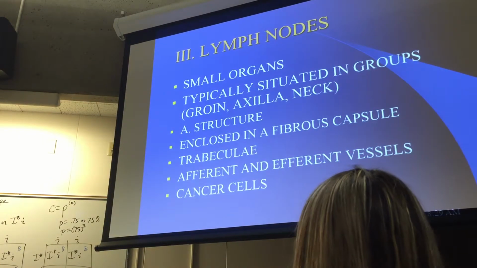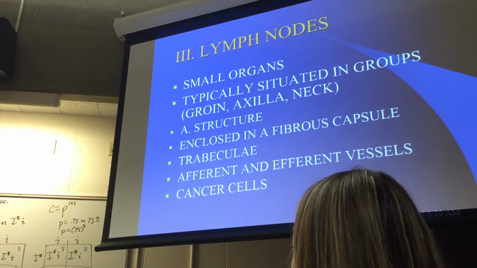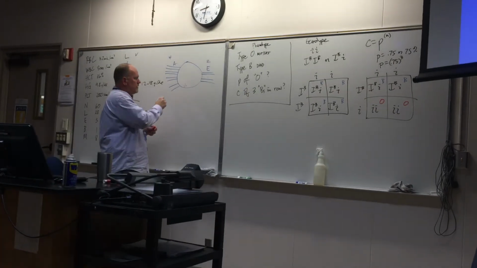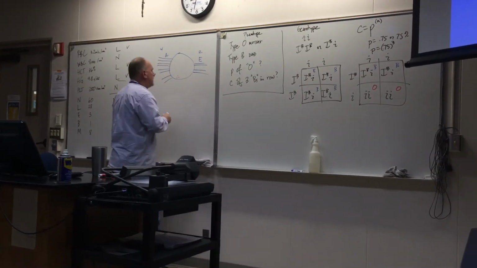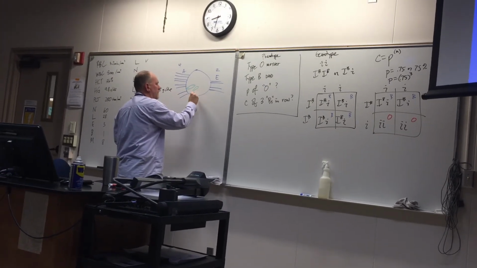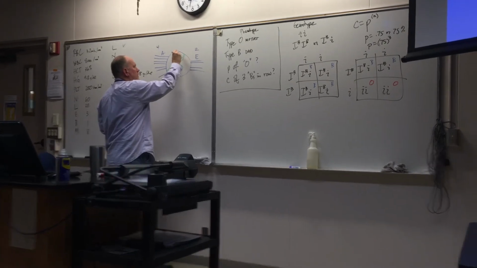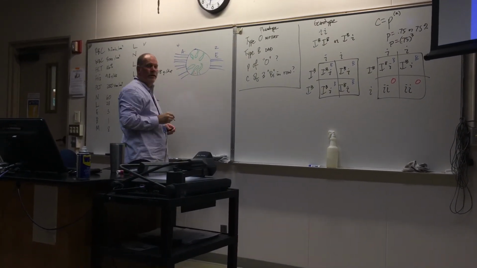Cancer cells. Sometimes we get a cancer cell that sneaks in here. Little red dots are cancer cells, they sneak in, and I told you there were some little beams. What are the little beams called in here that will actually slow flow down as well? Trabeculae, good.